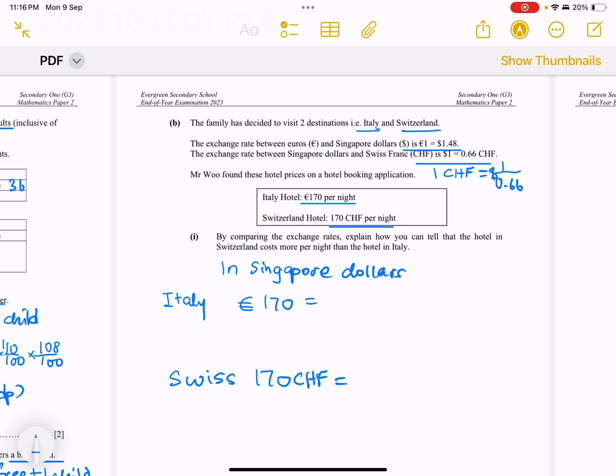Now, the first part, by comparing the exchange rate, can you tell which hotel costs more? So the hotel in Italy is 170 euros. We need to convert it to Singapore dollars, and the conversion is 1.48, and that is 251 and 60 cents Singapore dollars.